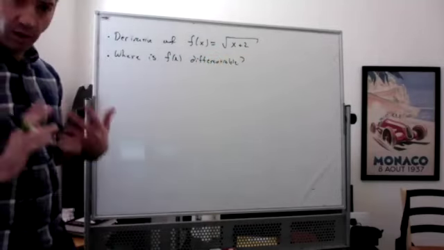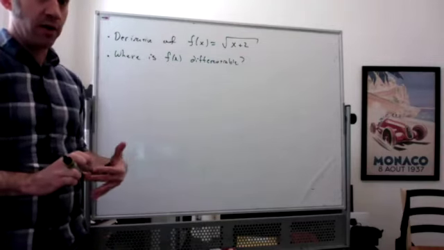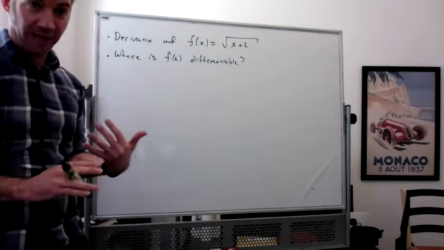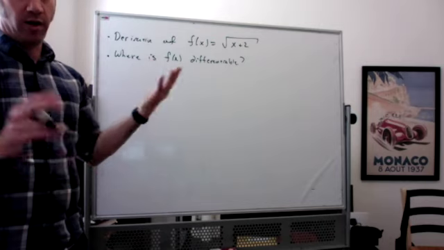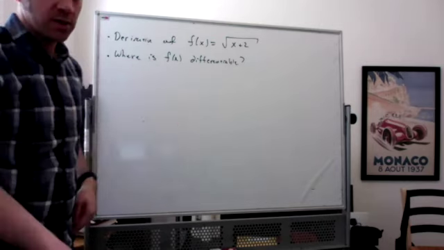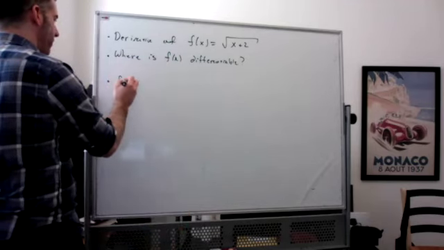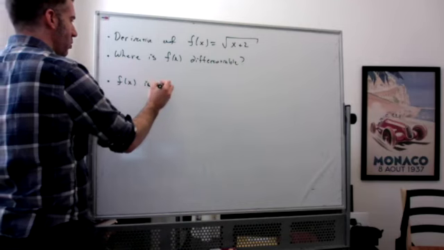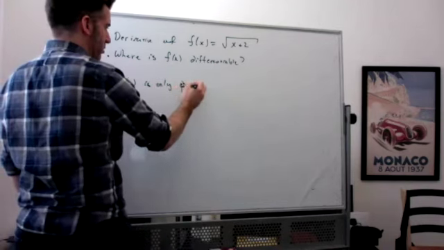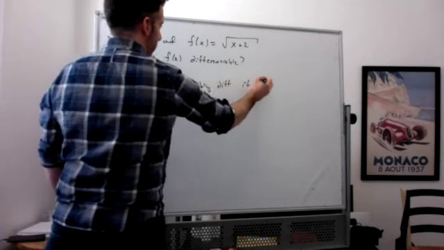So a couple things to be aware of. First of all, a function can only be differentiable where the function is defined, meaning where it exists. And actually, there's a more stringent requirement. f of x is only possibly differentiable if the function is continuous.